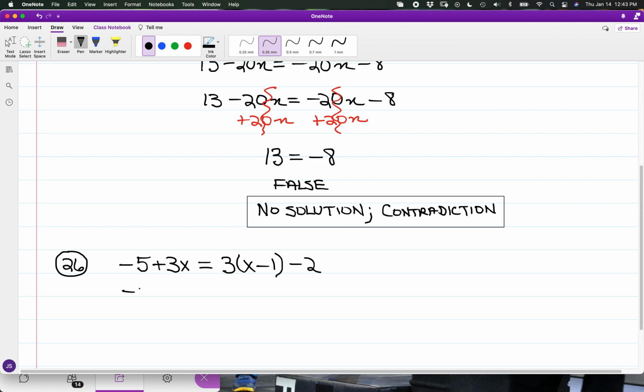So here we have negative 5 plus 3x, and these will not combine to any single term. For what we have to the right, we have the distribution of 3 over the difference between x and 1, so this will become 3x minus 3, followed by the subtraction of 2.